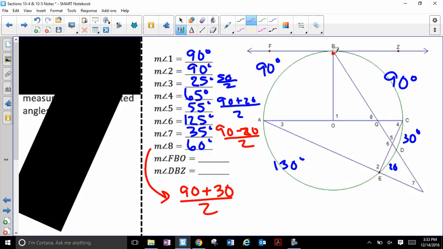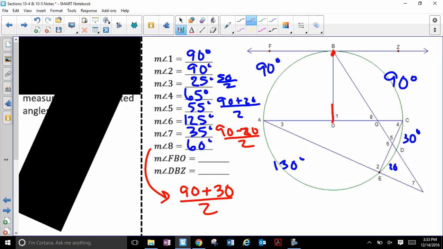Now this one is actually a review from something we did before, because you can't actually follow it because O is not on the circle, like it doesn't end on the circle. And this is an essential angle because even though O is the center of the circle, B is the vertex. But this goes back to the radius tangent theorem we did on that first day.